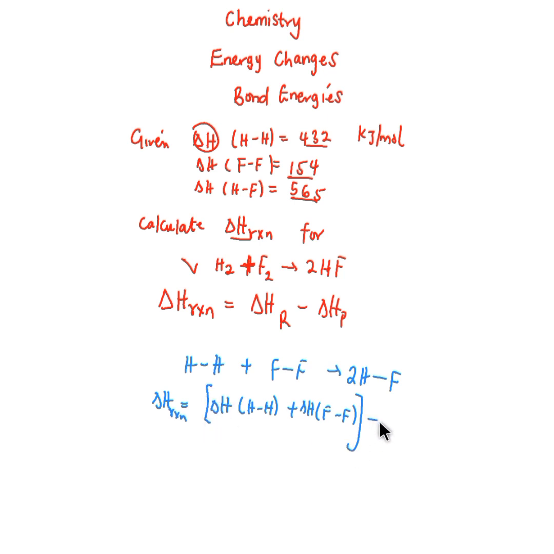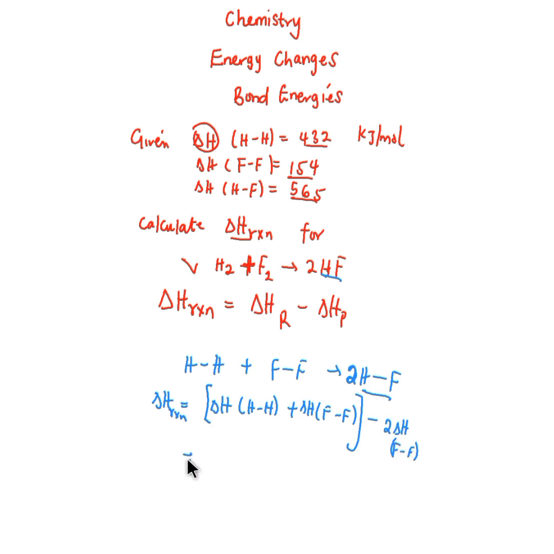And then we would say that minus the one for our products, which is HF. So now we have 2 moles here, so we have to consider that and then multiply by 2. So this is 2 times the bond energy of H to F bond. Okay, so 2 multiplied by that.